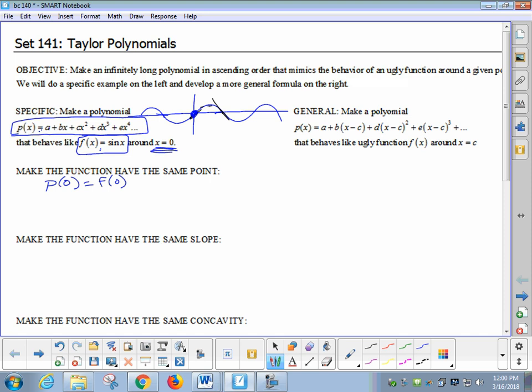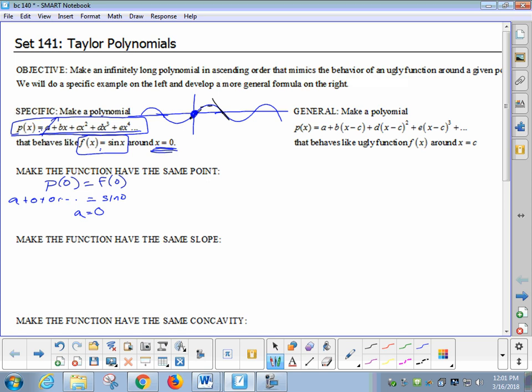That would imply that if I look at this and I plug in an x of 0, that would mean that a plus 0 plus 0 plus 0 forever equals sine of 0. And from that I can conclude that a is 0 in this case. So far so good? Okay. Now then, I know that needs to be nothing. That makes sense because the sine curve needs to go through the origin.